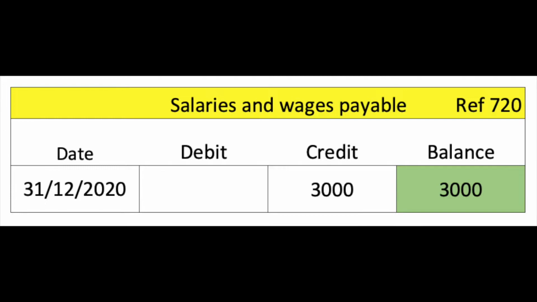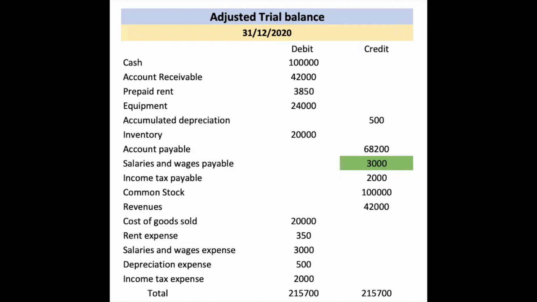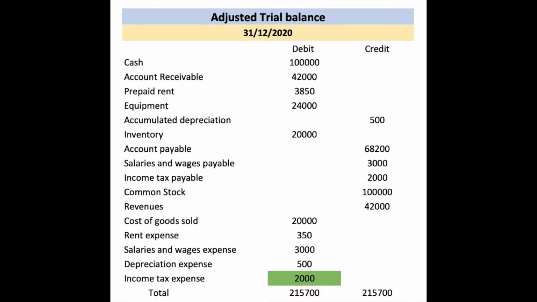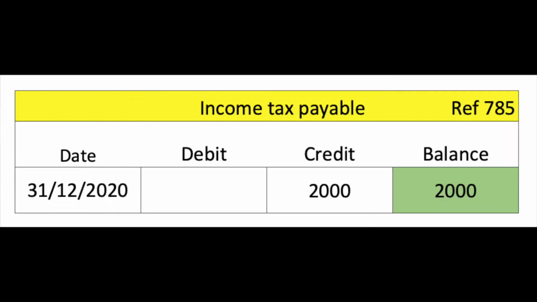Correspondingly, $3,000 of salaries and wages payable is presented to the trial balance. $2,000 of income tax expense from adjusting transaction would be transferred to the trial balance. Equally, $2,000 of income tax payable is transferred to the trial balance.